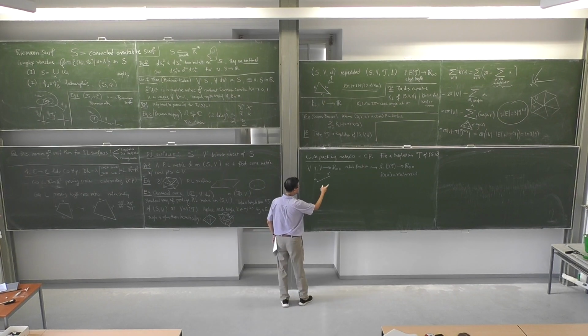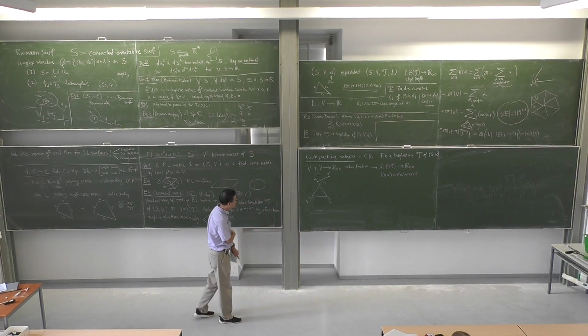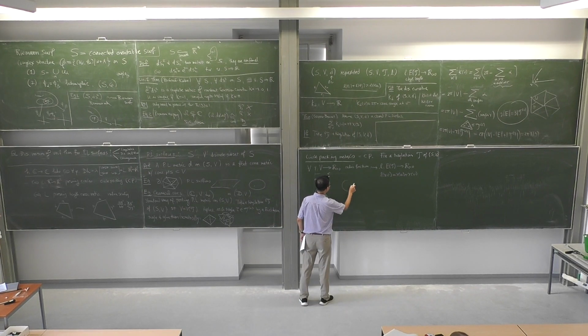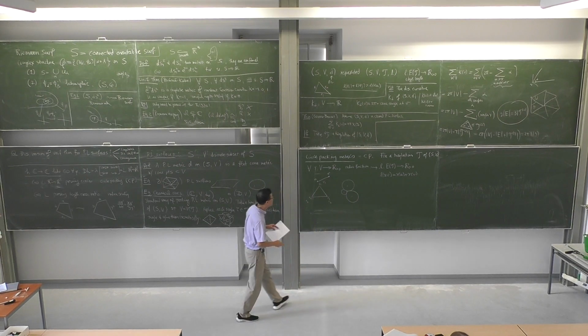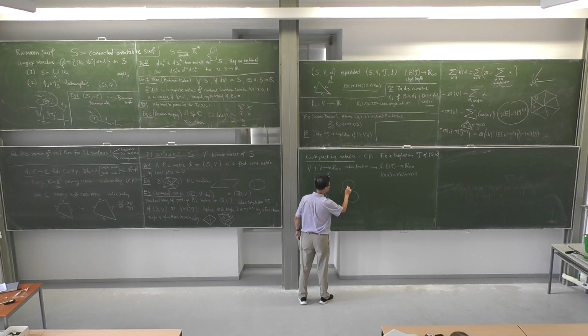And so then also you see the circle packings. Suppose you have a triangle V1, V2, V3, and I have these radii R1, R2, R3 assigned at the three vertices. What you do is draw three pairwise tangent circles with radii R1, R2, R3, and you look at the triangle going through the centers.